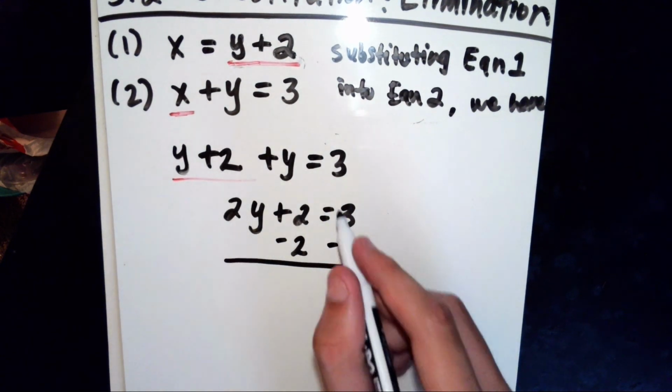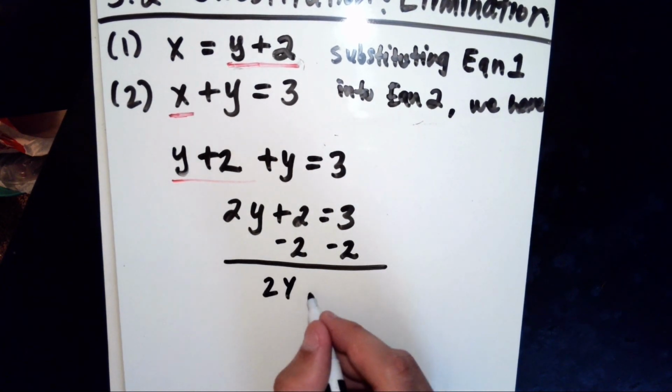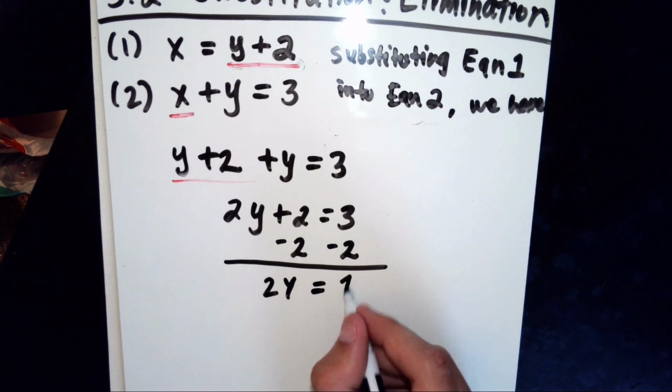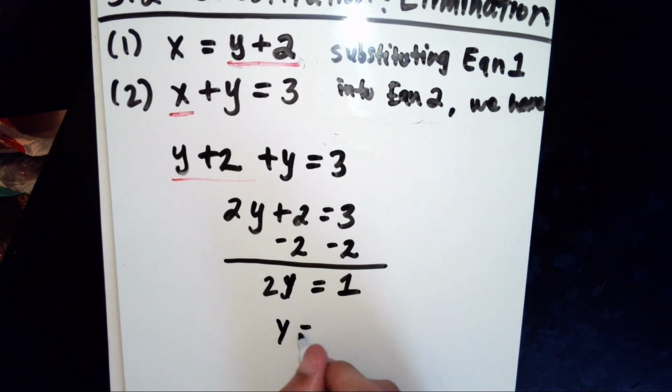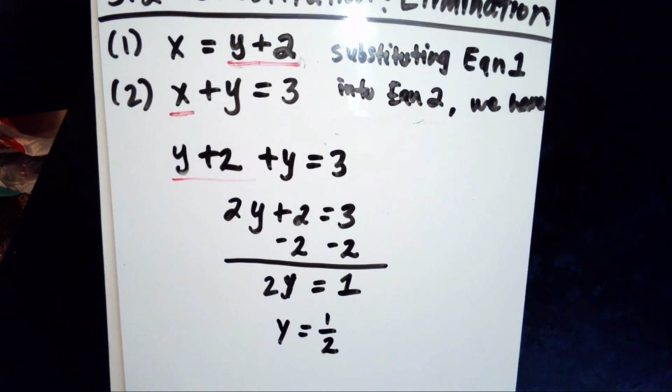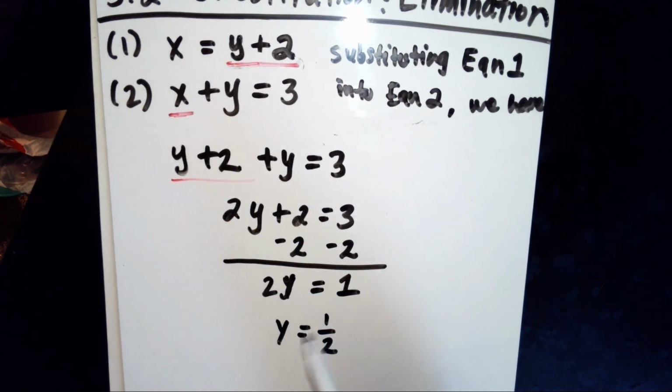And then we get 2y equals 1. So 2y equals 1, and so that means that y is 1/2. Awesome. Now, we've solved for y.